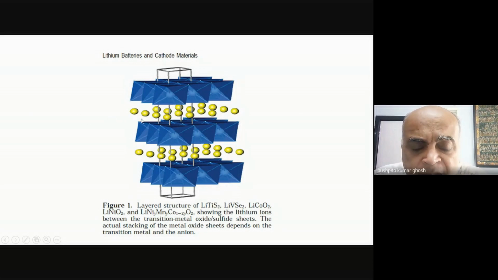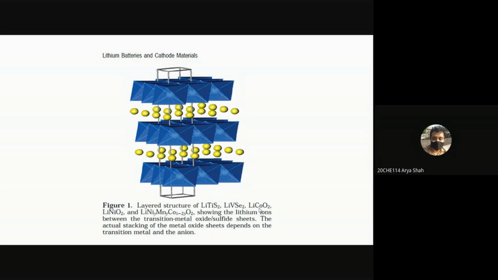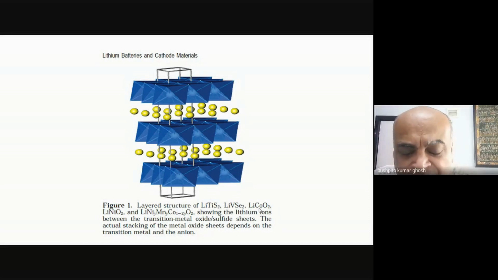Now, when would lithium be there and when would it not be there? Let's try and understand. If I write LiCoO2, what is the oxidation state of cobalt? Sir, 3. Yes, 3, correct. Each oxygen is 2 minus, so I've got 4 minus. Lithium is 1 plus. So obviously cobalt is cobalt 3.